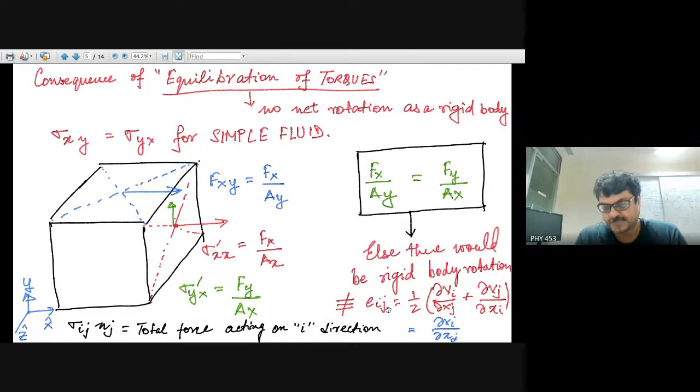eij, right? So this will be exx. So half del vx del x plus del vx del x. So this will be eij, I mean, in terms of xx, it would mean simply you would get a factor of 2 from here and a half from here. So it will be del vx del x.